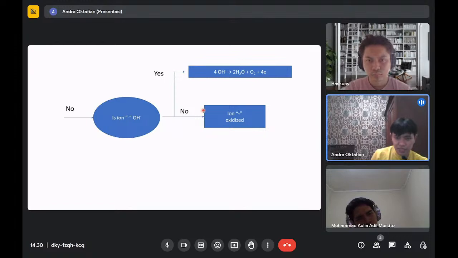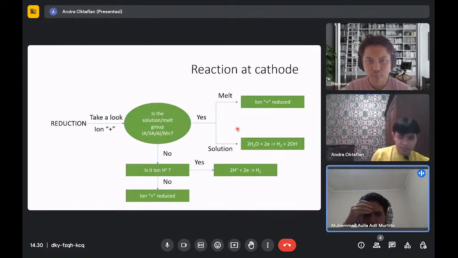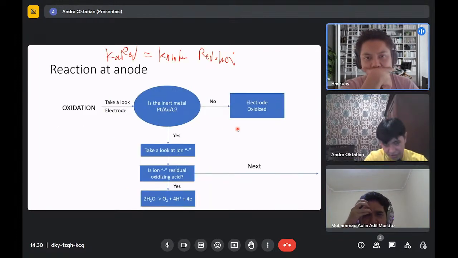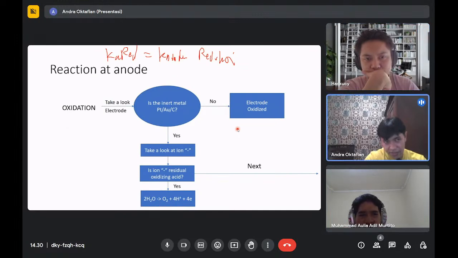When the answer is no, just oxidize the negative ion. So this is like a flow diagram, right? That is the SOP, the standard operating procedure, the guide for us to arrange the reaction in electrolysis.